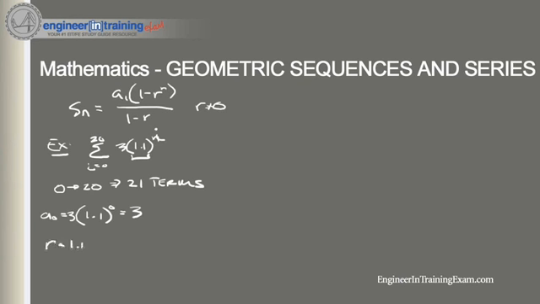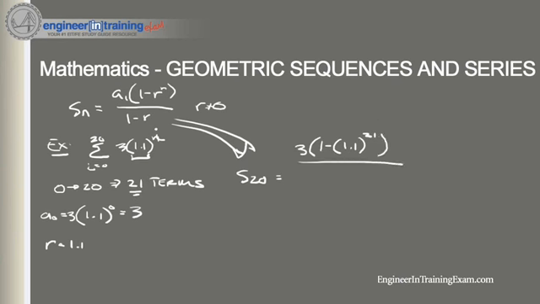So plugging this into our general equation here, we find that S sub 21 is equal to 3 times (1 minus 1.1^21), because we want 21 terms, n is equal to 21, divided by (1 minus 1.1), and that's about 192.